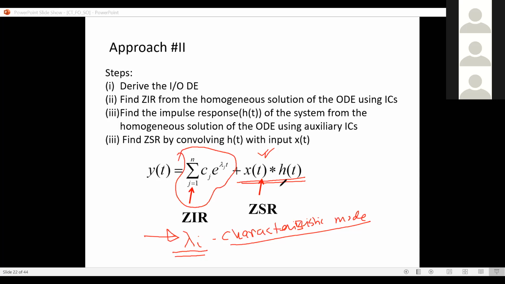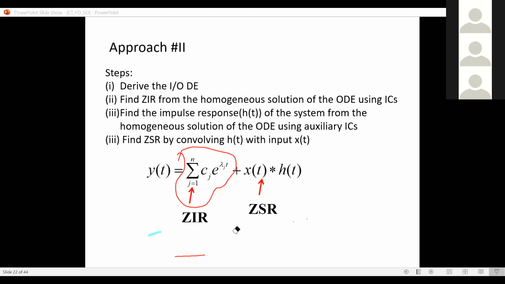In our preliminary cases, we assume that our impulse response is available, or in some simpler cases, we have been given the input-output relationship from where we can obtain the impulse response. But for a continuous time system, you need a different technique of finding the impulse response.